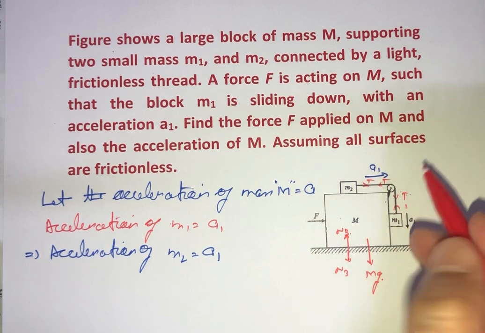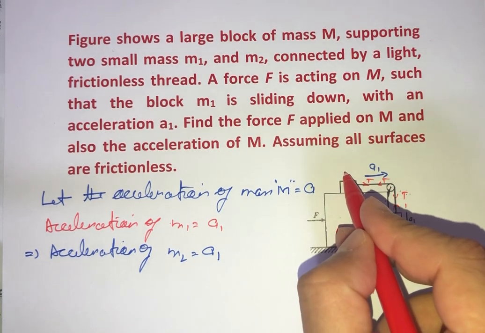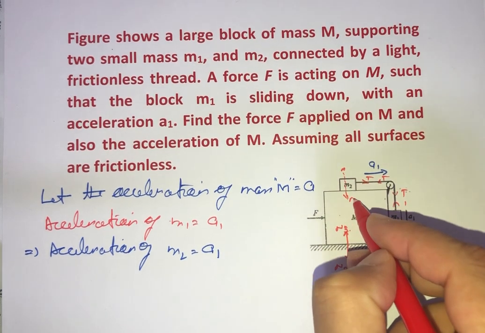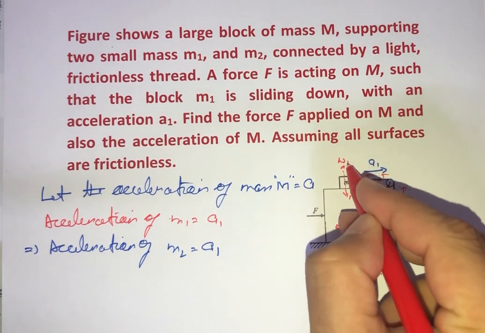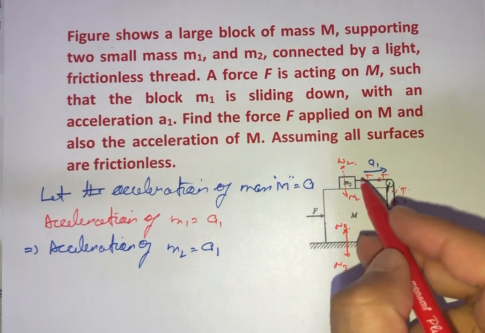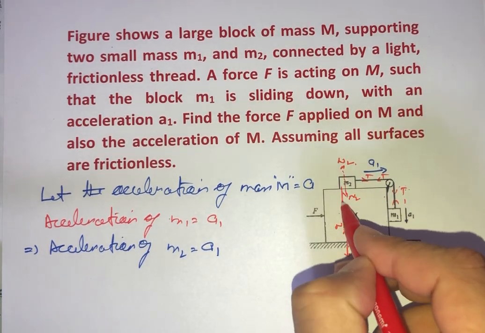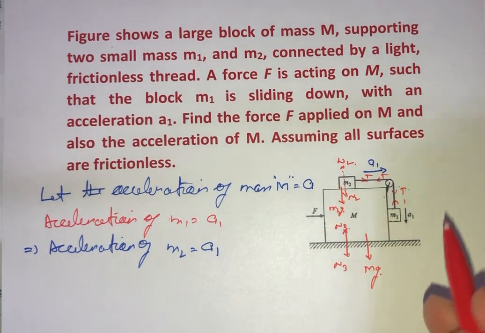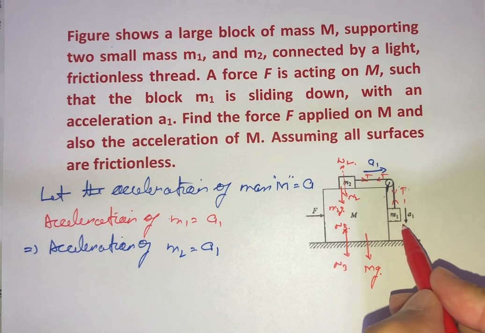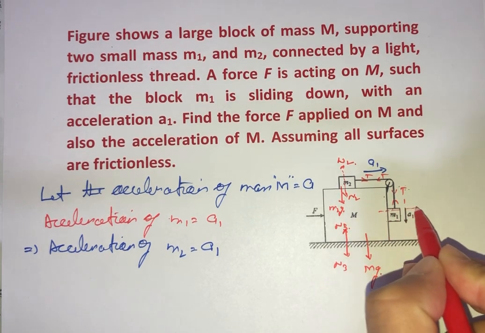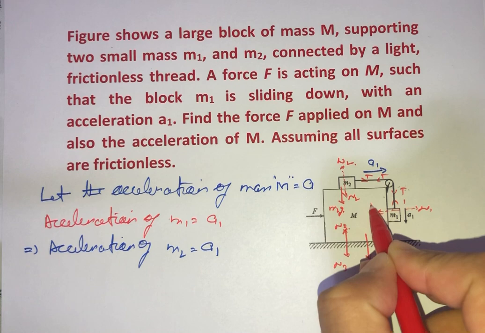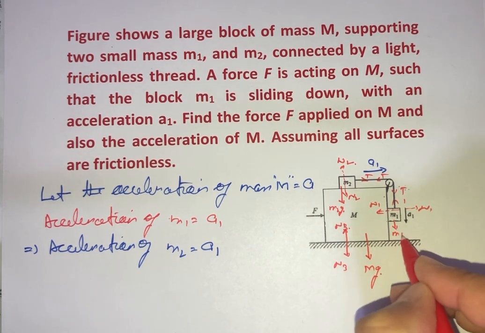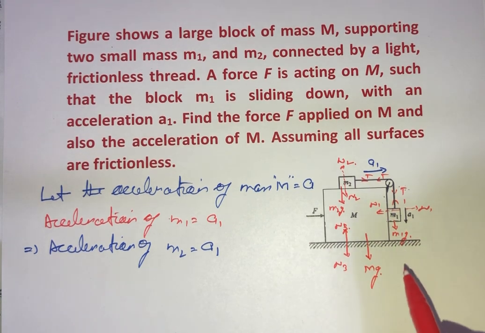Because of m2, let us suppose there is a normal of N2, and there will also be m2g in the downward direction, and let us suppose because of this a1 there is a normal of N1, and it is going to have m1g in the downward direction.